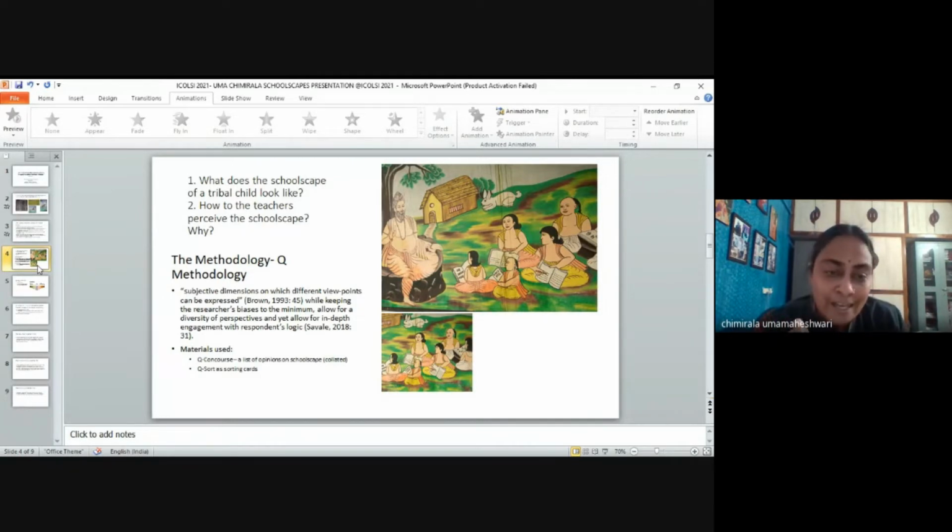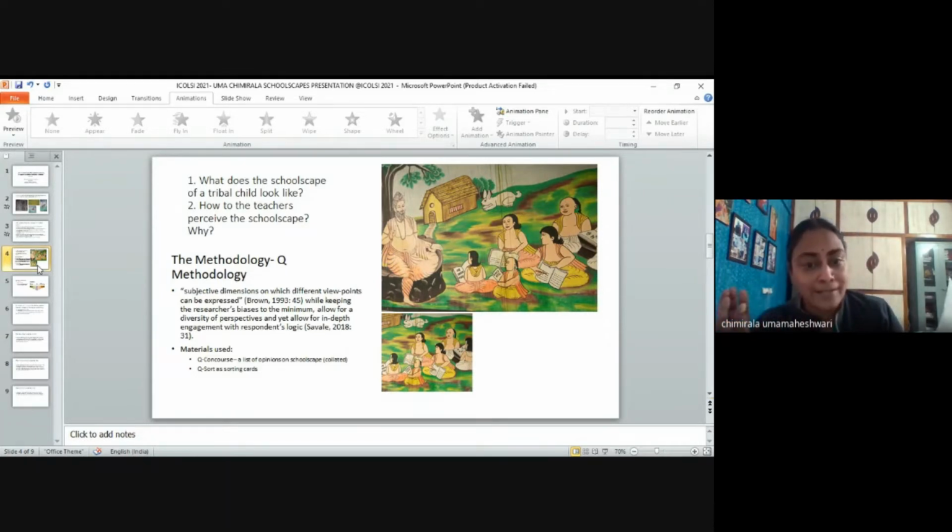Which is why the key component of Q methodology is to develop your Q concourse, which means a set of statements based largely on research as well as opinion, published material, and even newspaper components. We had one opinion in the newspaper which said that the Schoolscape of Potakebin schools is very beautiful.